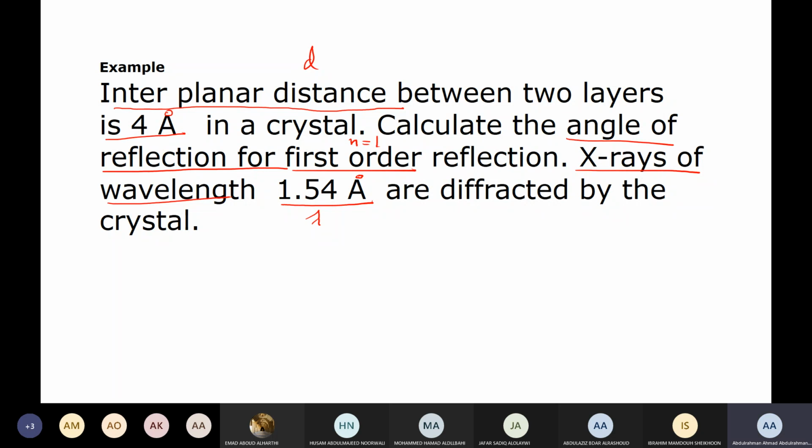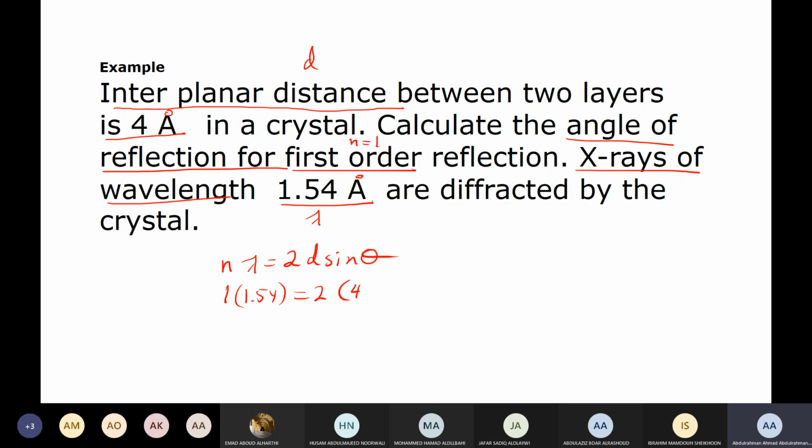Tell me what's the law? n lambda equals 2d sine theta. Let's memorize it. I'm not going to give you this equation in the exam. So what's n? 1. What's lambda? 1.54. Do I have to change it to meter? No, I used the same units for both because they will cancel each other, so there is no need.